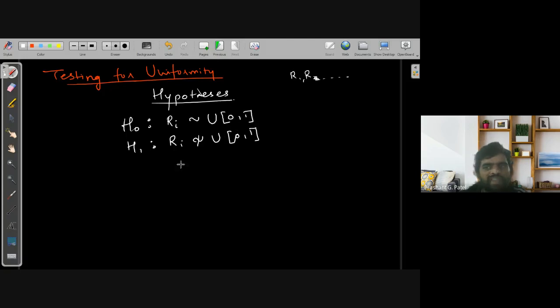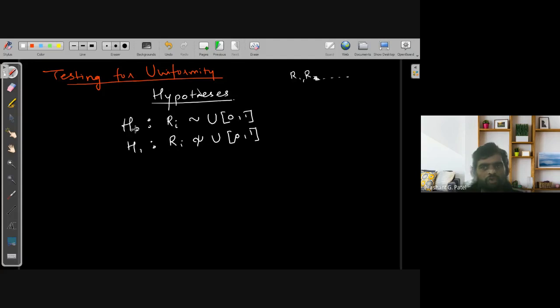Failure to reject the null hypothesis means that evidence of non-uniformity has not been detected by this test. Whatever test you are applying, whether the KS test or the chi-square test, this is the hypothesis we are following.